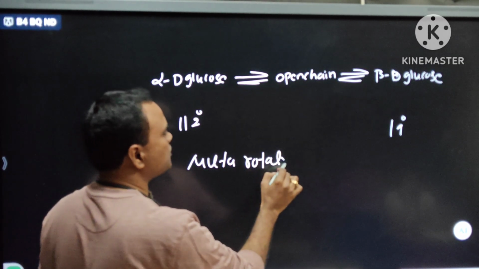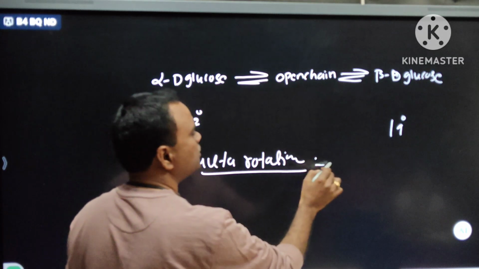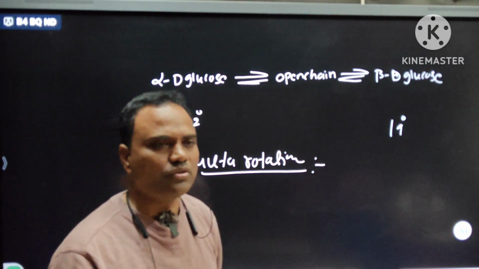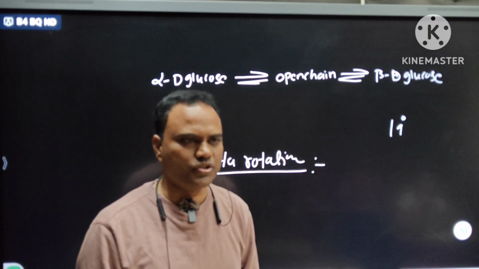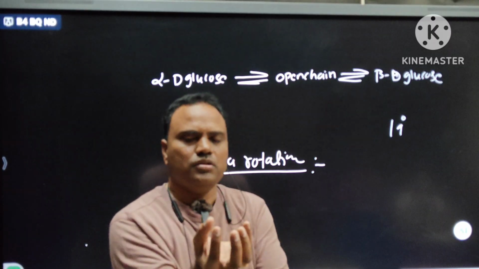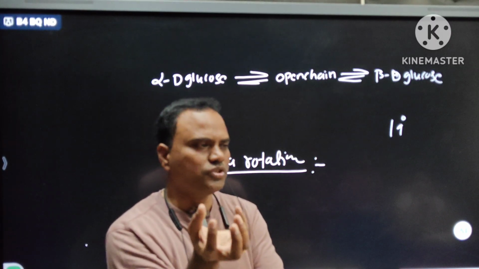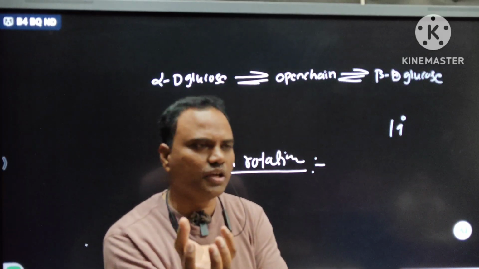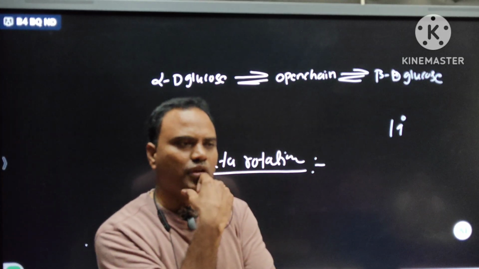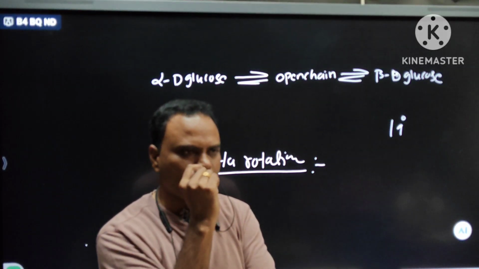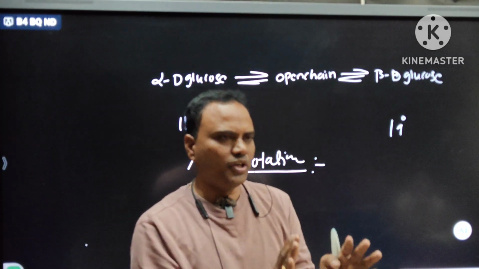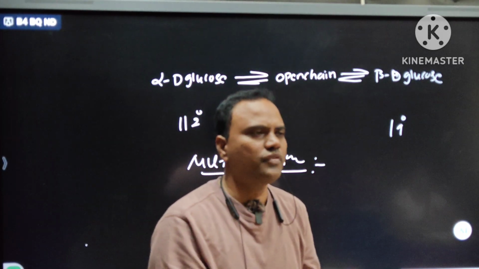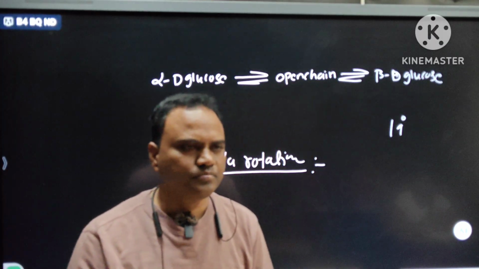What is the definition of mutarotation? The change in the optical rotation or specific rotation of a compound with time is called mutarotation. For example, you have alpha D glucose in your hands. What is its specific rotation value? 112, some angle. When you dissolve that alpha D glucose and wait for some time, its specific rotation value changes to another value.